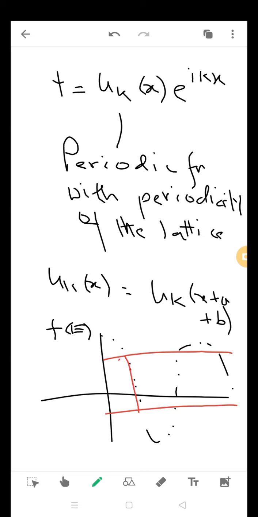This is one potential. This is another potential, so on and so forth. This is the k value, or the wave vector value. This is the function, and these two are the maximum values, that is plus 1 and minus 1.